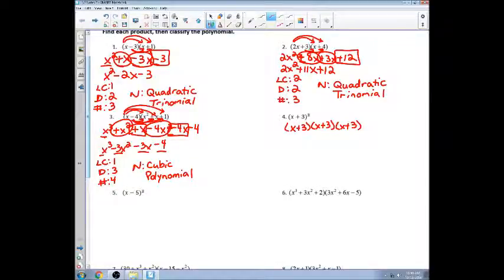What I'm going to do is start with the second 2 sets of parentheses. All right? So I'm going to take x times x, which would get me x squared. I'm going to take x times 3, which would be positive 3x. 3 times x is also positive 3x, and 3 times 3 would be 9.